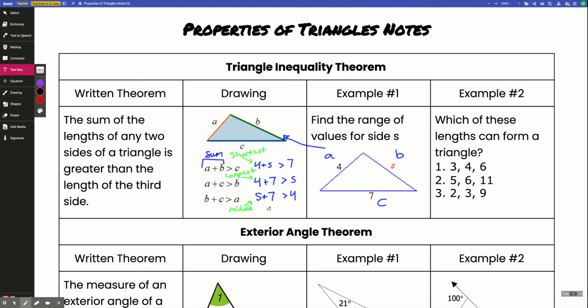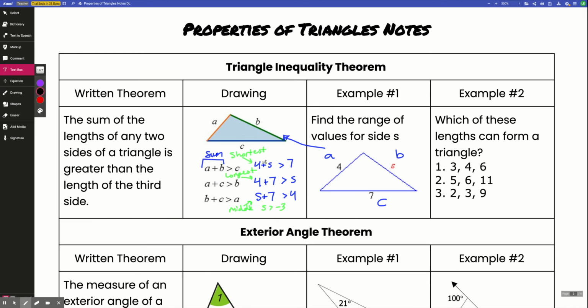When we do the math and simplify, this middle one is going to give us something that's not realistic. If I solve this bottom inequality for S by subtracting 7 from both sides, I get S is greater than -3, which has to be true because side lengths can't be negative. So this one you almost don't need to check. You really just have to check these first two.